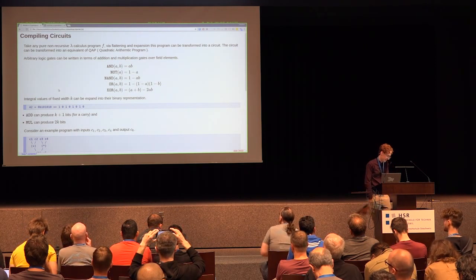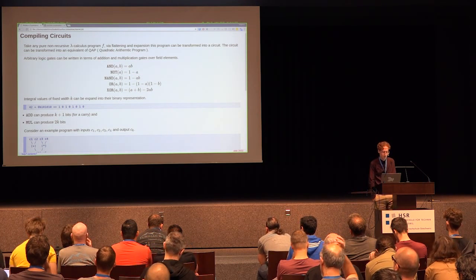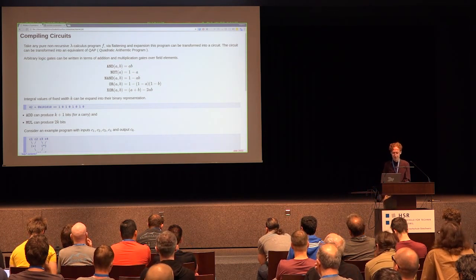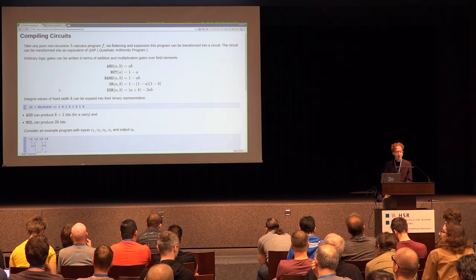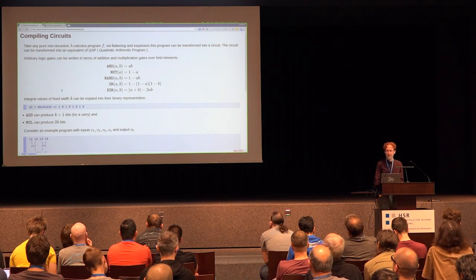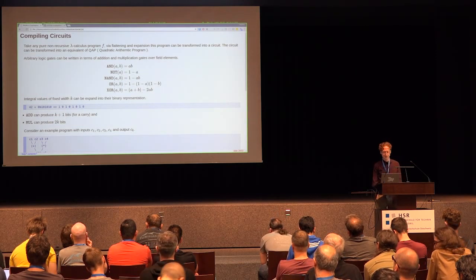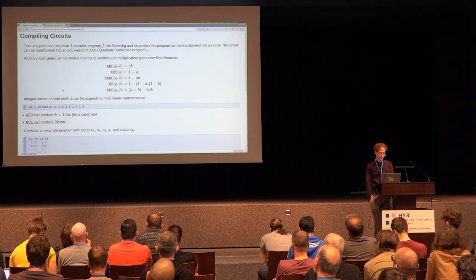So the construction is basically, given an arbitrary non-recursive lambda calculus program, we can take it and transform it into a circuit, which can then be turned into a set of polynomial equations, which completely embody all of the inputs and outputs to the circuit.